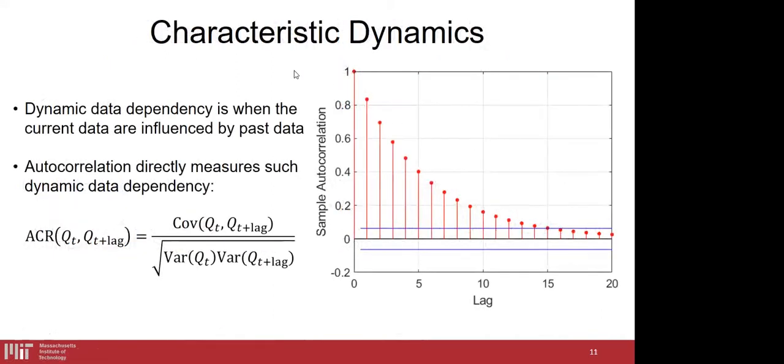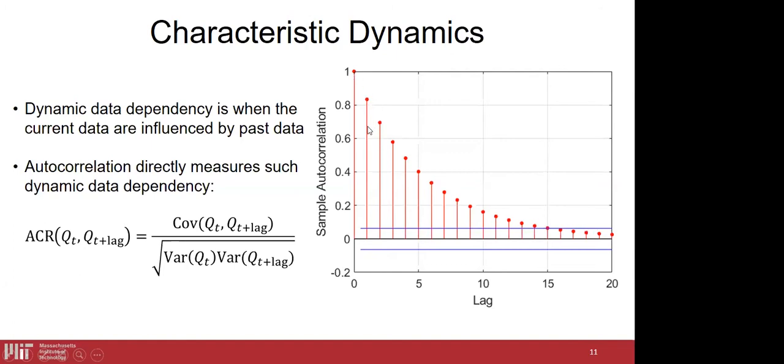And then we still have the last characteristic, the dynamics. This is also a fairly commonly used method. It's called the autocorrelation, where you correlate a time series with the time series itself, but with a certain time lag. For something that is just a random distribution, for example, with no time dependencies, you would expect the autocorrelation to be fairly low on the right-hand side, all under this blue threshold line.